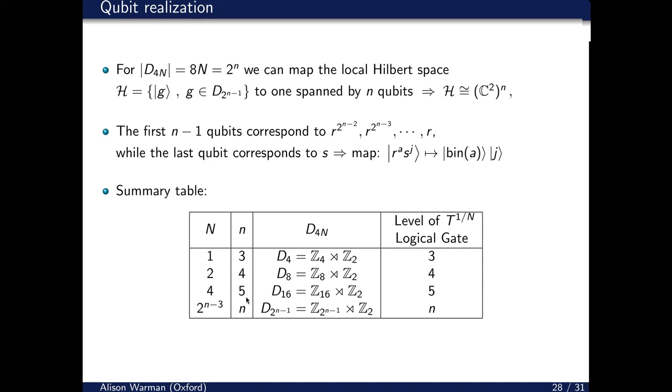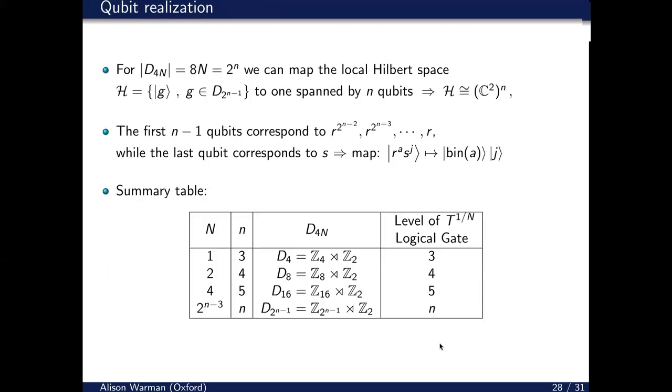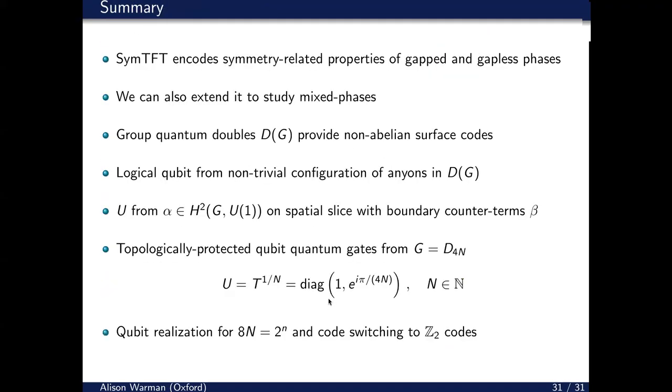For example, one application in which these phase gates appear is the so-called quantum Fourier transform. Let me just go here. If we have the group Z_{2^n}, we can think of it in the basis of group elements, and then the quantum Fourier transform changes basis from the group elements to the irreps.